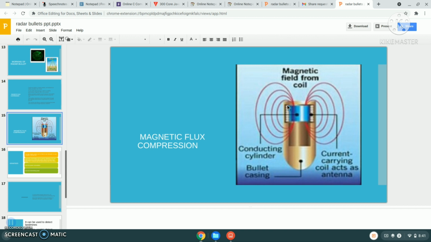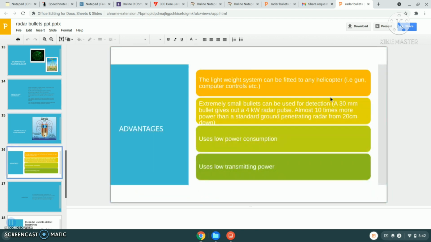Whenever the bullet is fired from a gun, it goes deep into the ground with the release of radar pulses, and when it hits the ground, the cylinder comes out of the bullet and releases a large amount of current. This leads to the release of a large amount of radiation which is used to destroy the landmines. This is the principle of working of radar bullet, that is, magnetic flux compression.